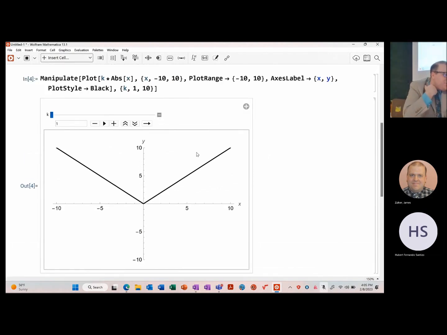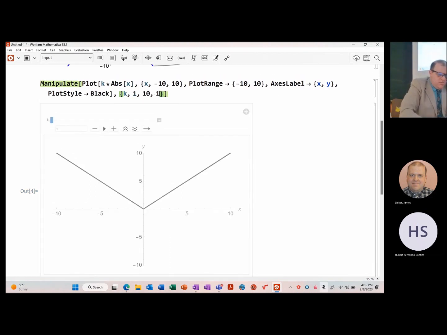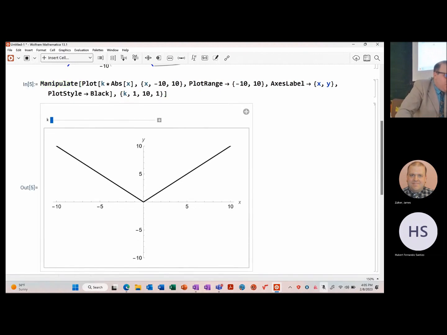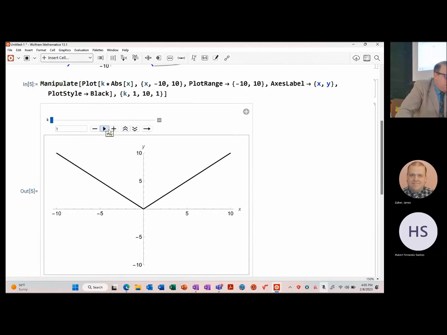All right, so what this is going to do, oh, I don't want it to go 1 through 10 though. I want it to only be integers. If I do that, does it recognize that to increase it only by 1? It does. Excellent. Right?